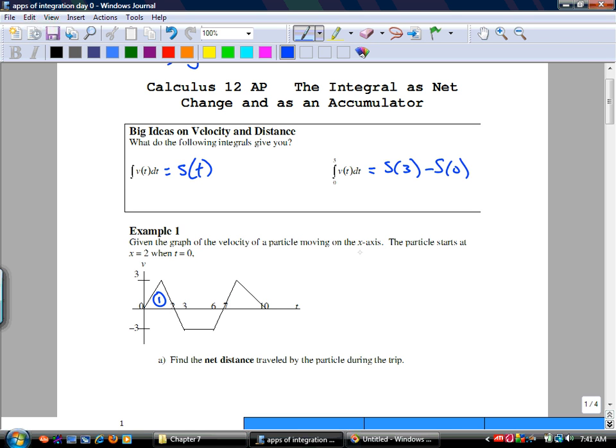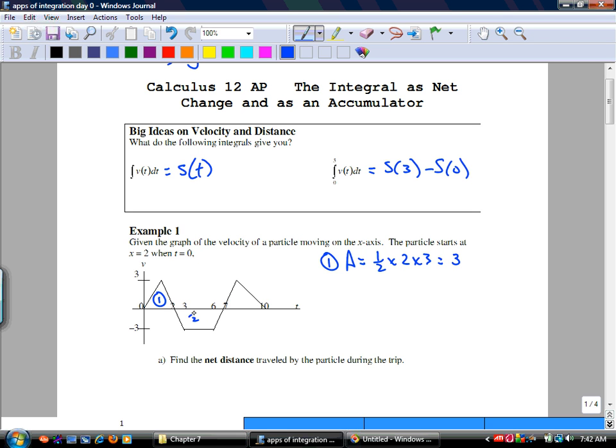So, what's the area of region 1? Region 1 is a triangle. Base times height divided by 2. 2 times 3, half of 2 times 3. 3. Yeah? And then this part here is a trapezoid.